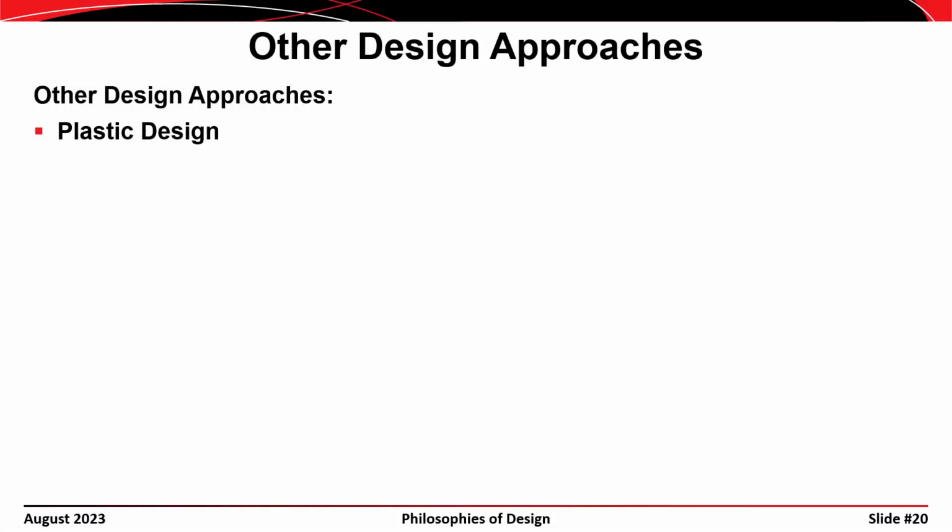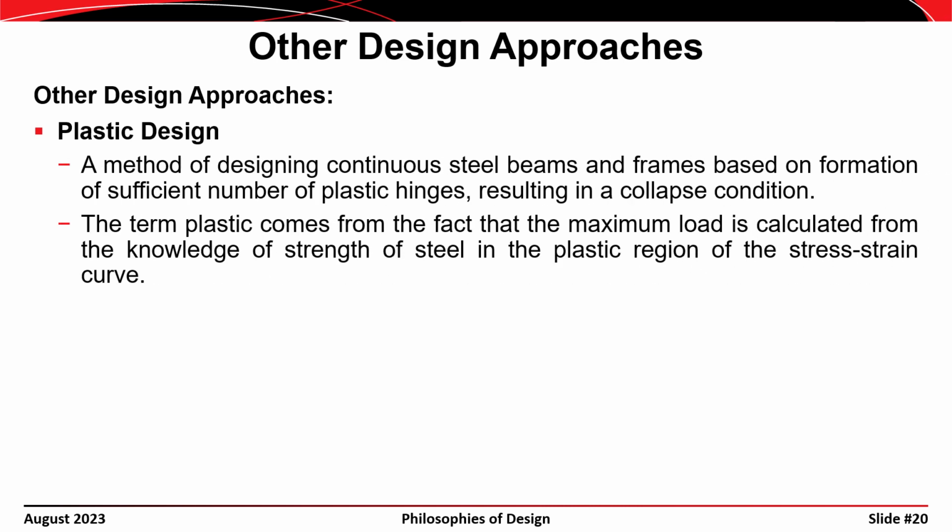All right. Now, some of the other approaches that people have used or can use: plastic design is probably almost an outdated approach now. It's still used in seismic design to some extent. It's basically a method of designing beams and frames to develop a collapse mechanism in the structure.